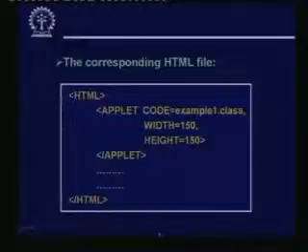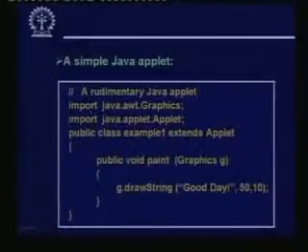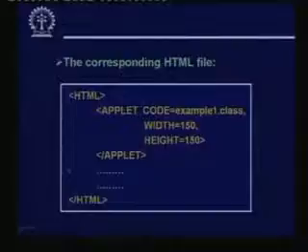One thing you remember here: when you write a Java program, the master class, here the name is example1, the name of the Java program has to be example1.java, and the name of the bytecode will be example1.class. This is the convention which is followed. The same class name you use as the name of the file.